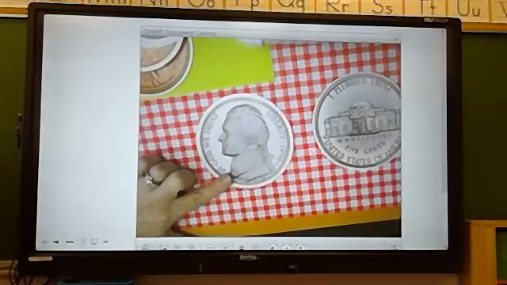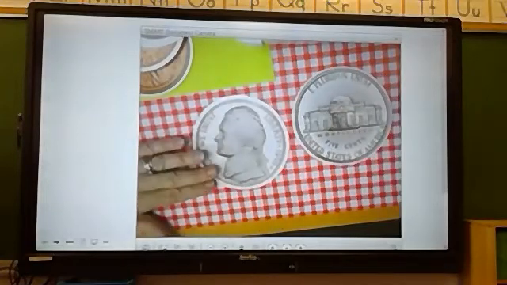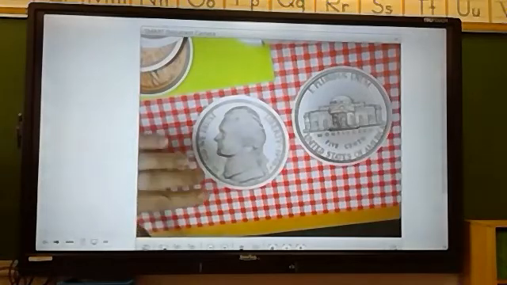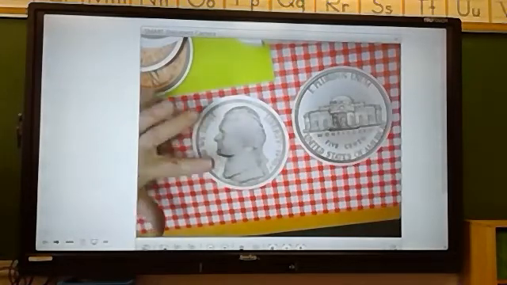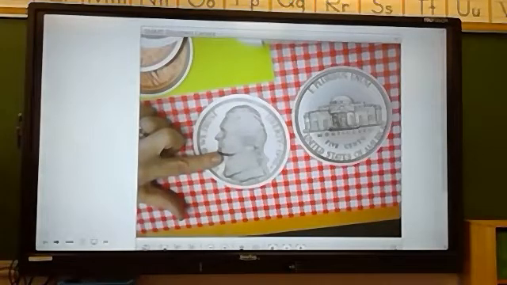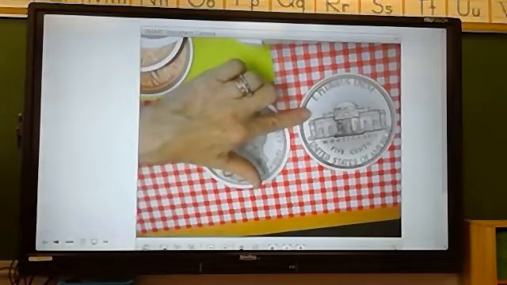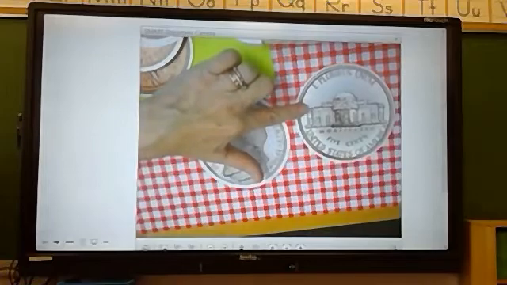It had been redesigned by the people at the mint, the place where they make the money. But regardless of the design, the president that is on the nickel is always going to be President Jefferson right now, and the tail or the back is going to be his home.